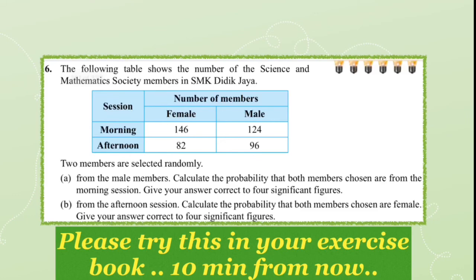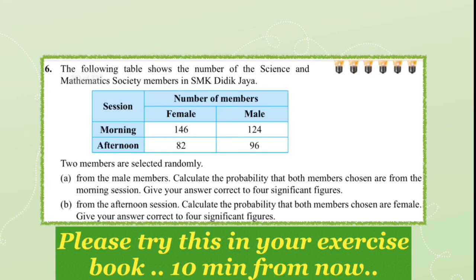Afternoon, female is 82, male is 96. The school is having 2 sessions, morning and afternoon. So 2 members are selected randomly from the male members. Please underline this, because this is your sample space. So that means your sample space is male members.